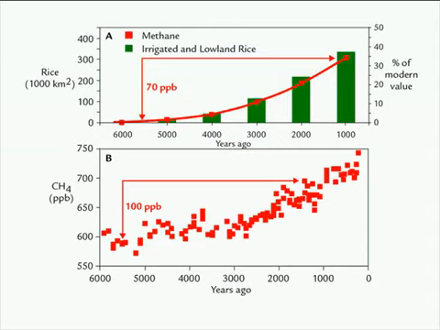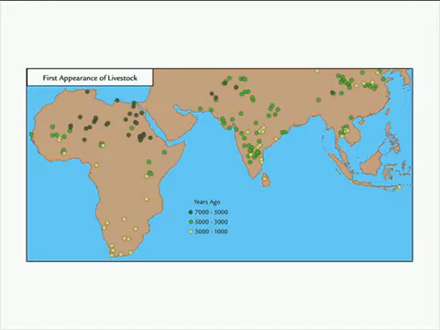However, in this paper, which appeared in the journal The Holocene in 2011, Thor also mapped the first appearance of livestock, which are notorious methane emitters, again, using archaeological data. And you see that between 7,000 and 5,000 years ago, livestock occur in the Sahara, what's now the Sahara Desert.